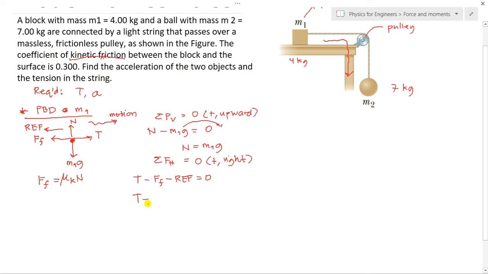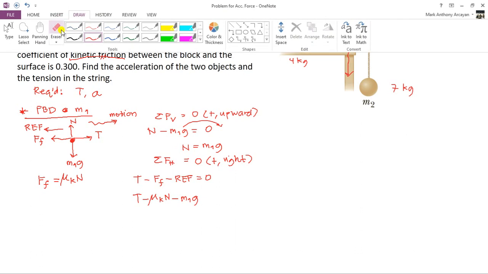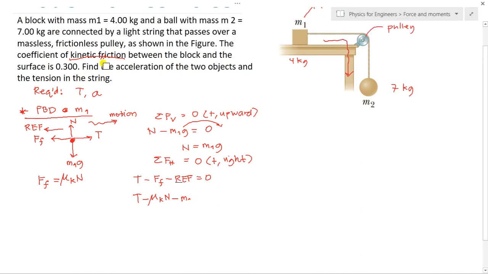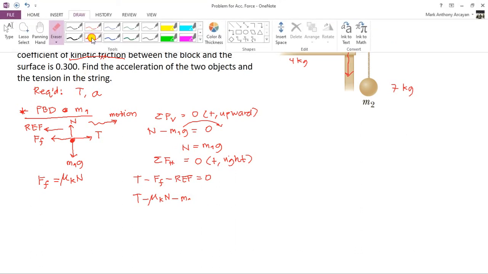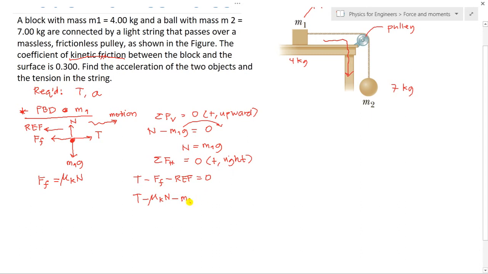So we put here mu k, then N, minus, again, don't forget the reverse effective force, which is equal to mass 1 multiplied by acceleration, no, that's not gravity, that is the acceleration. So mass 1 multiplied by acceleration, that is equal to 0.